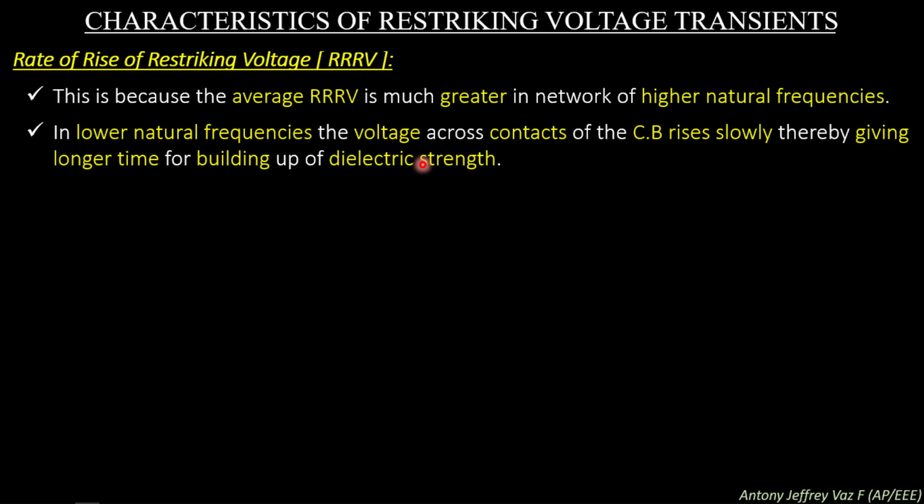So from the comparison, we can see that a network having higher natural frequency will give rise to greater RRRV. Similarly, lower natural frequency circuits will create a lower RRRV, and the building up of dielectric strength is also very easy.